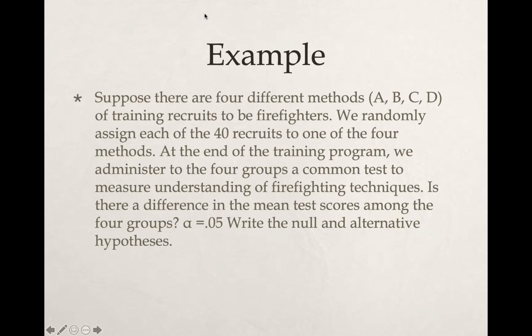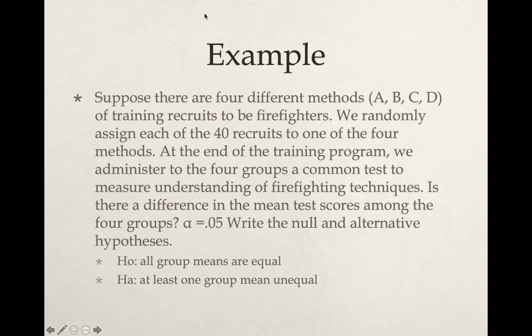So let's start by writing our null and alternative. What is this going to look like? And you guys are actually going to really like these, because where maybe writing the null and alternative was a little bit difficult for 1 and 2 samples, it really gets easier once we have more than 2 samples. So we can finally get rid of the symbols, the mu's. Our null is that all group means are equal.